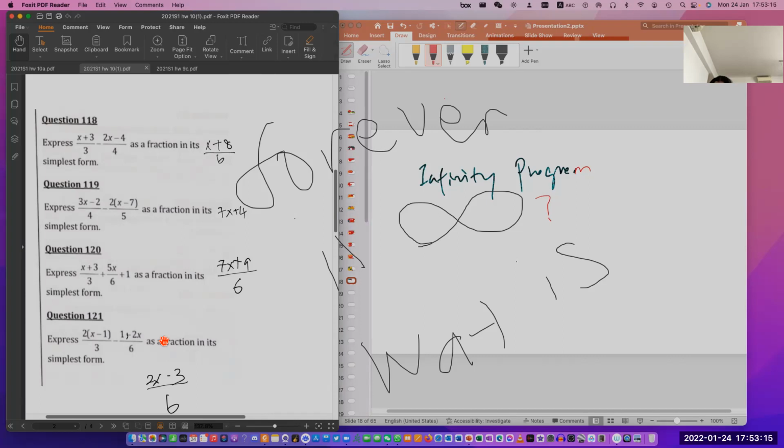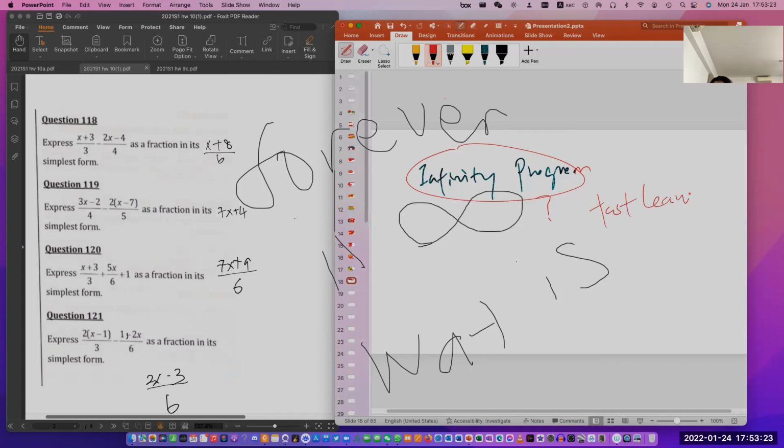So basically infinity program means they want to choose the fast learners. They will let the fast learners learn even faster. Then for the not so fast learners, they will just let you take the usual path. You will just study with the class and study the normal curriculum.